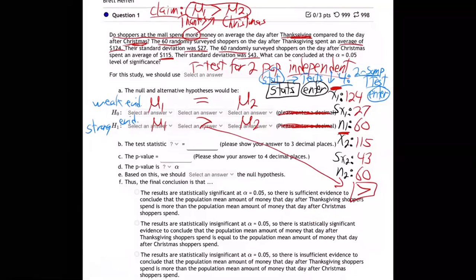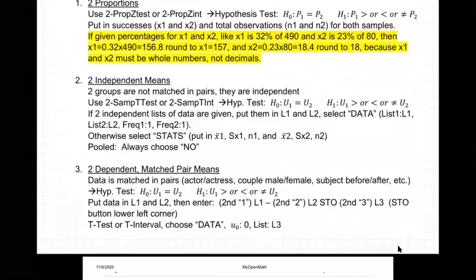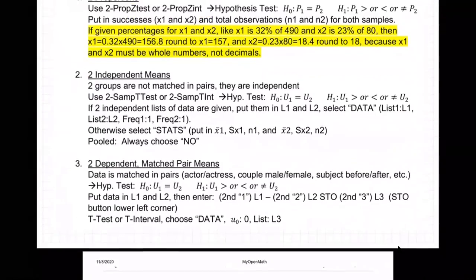When it says pooled, I'll put it up here. Pooled, we always say no. We always say no. Everybody hearing me on that? For pooled, you always say no. That's on the notes. I'll show you right here.